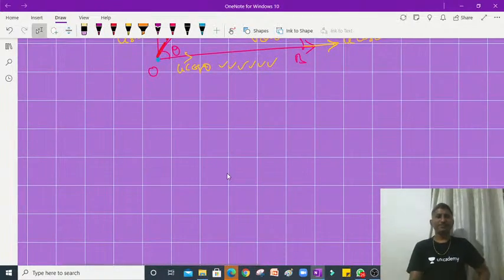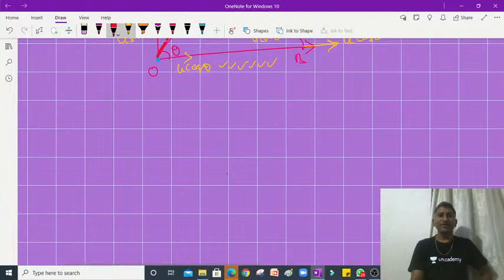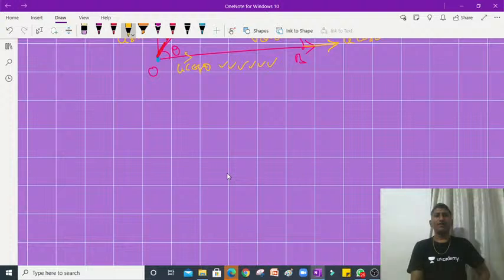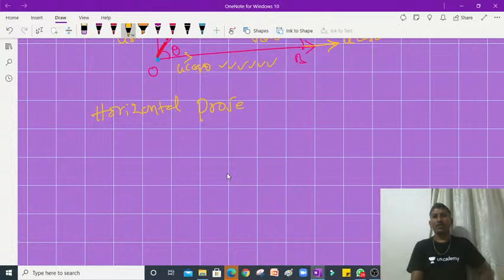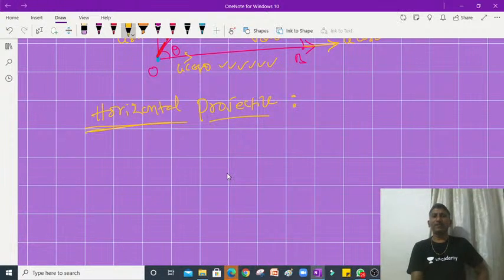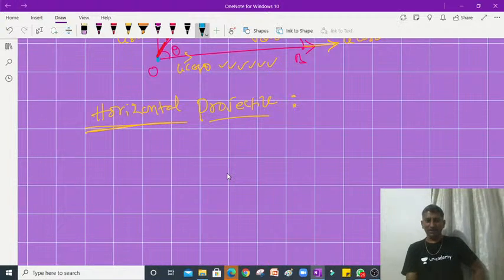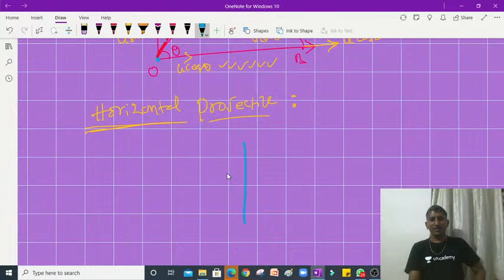And next, here we are going to discuss the horizontal projectile now. Horizontal projectile, students. It is another kind of projectile. What is this projectile? We will see. In the name only we can see that it is projected horizontally, means from a certain height.